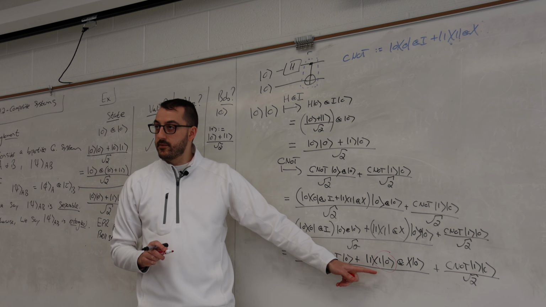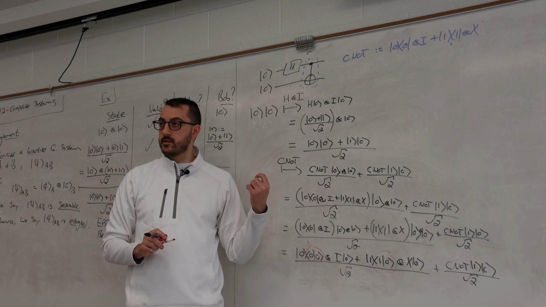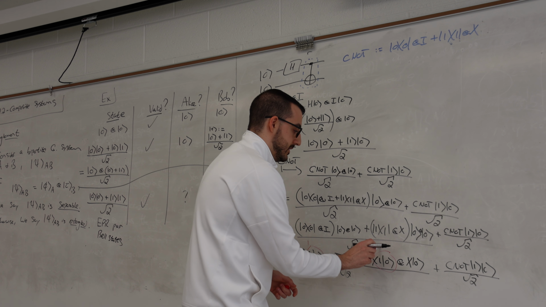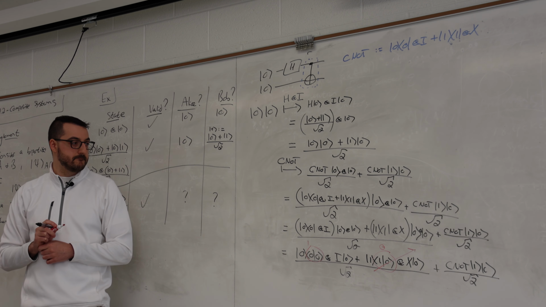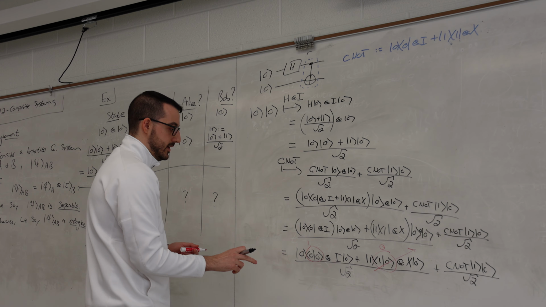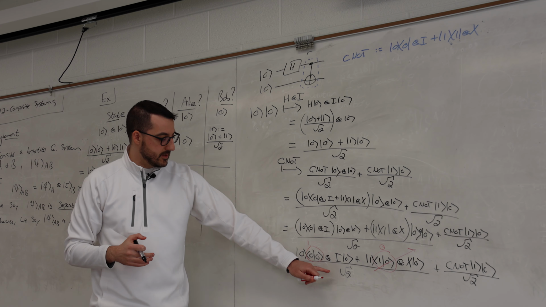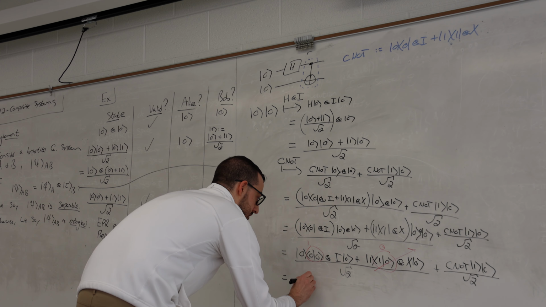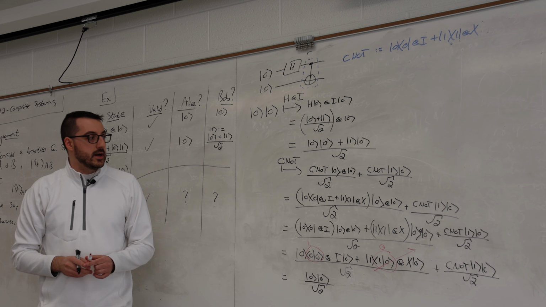So this whole term is going to go away. Remember, if you have a coefficient in a tensor product, you could pull it out. So I'm going to have a coefficient of 0 here. That means that this whole term is going to go to 0. Does everyone agree? So you see that after all that math, we see the obvious and expected thing, that we're just going to get still 0, 0 for the first term over root 2. And then try it as an exercise.